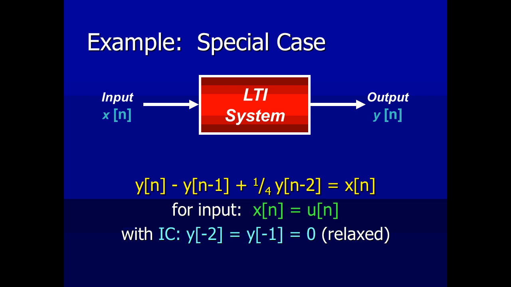And when all is said and done, I can recognize, here's the forced response piece. How do I recognize that? Well, it has the same functional form as my input signal. That means everything else must be the natural response pieces.